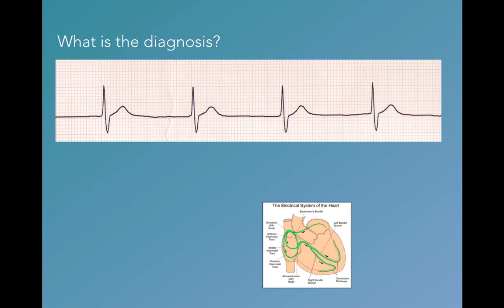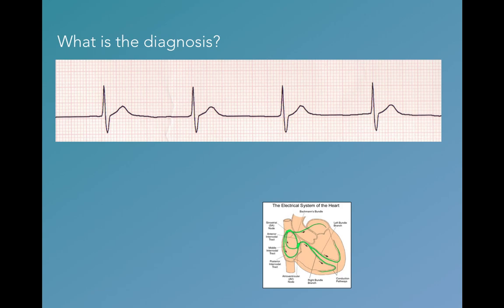If you look from the upslope of the R wave to the end of the S wave, there's 3 small boxes. So 4 times 3 is 12, so if you use the right units, it's 120 milliseconds. So as you know, less than 120 is okay. So this is close to being prolonged, but you would say this is normal.